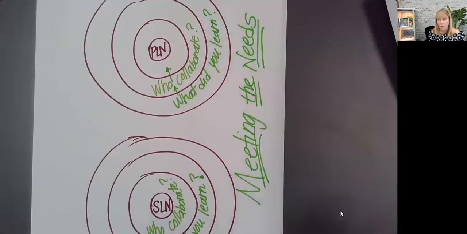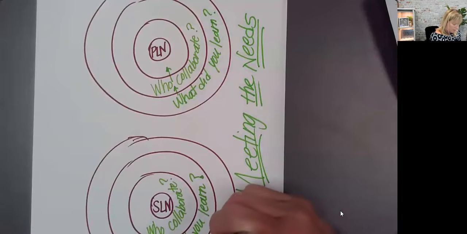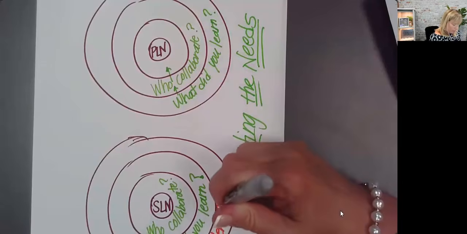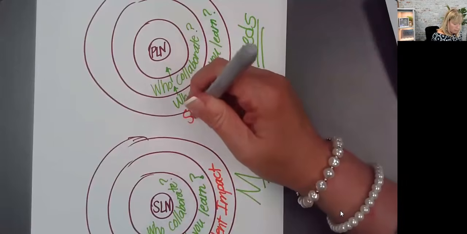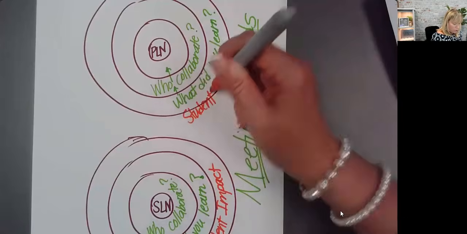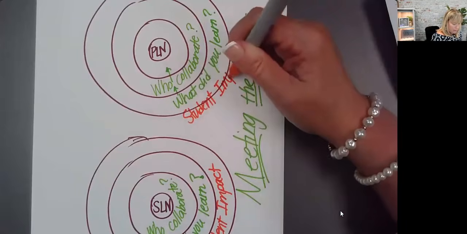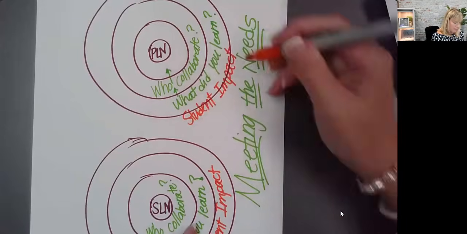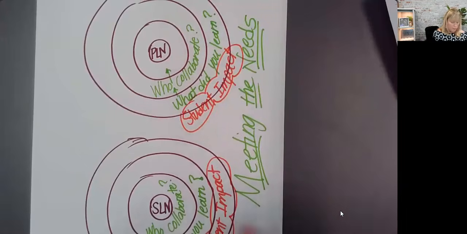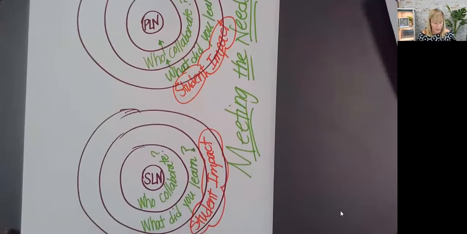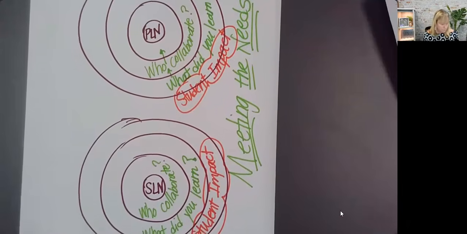And then ultimately, the most important, 100%, do not forget it, is student impact. How were the students impacted by your collaboration and then what you did from that learning? That is crucial. You're trying to show us student impact on that. So again, that goes back to your triangle.